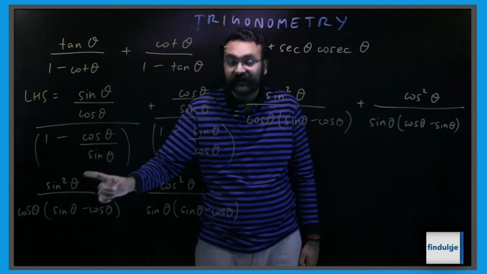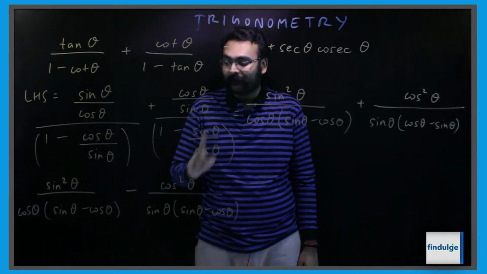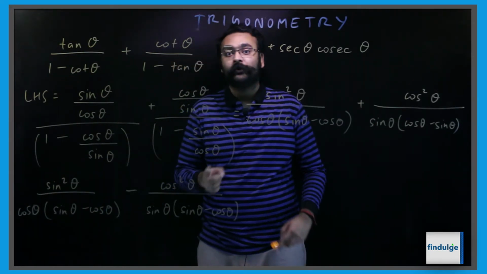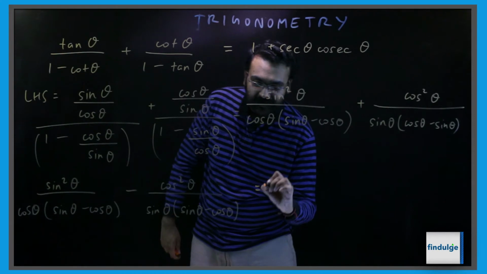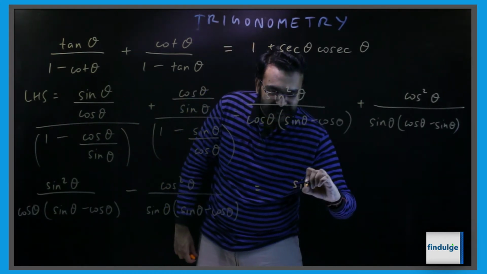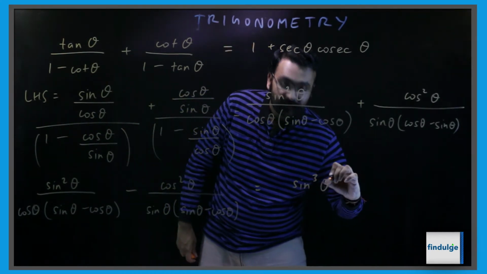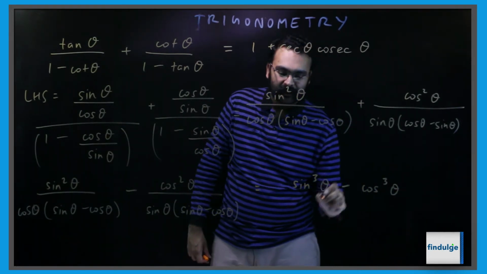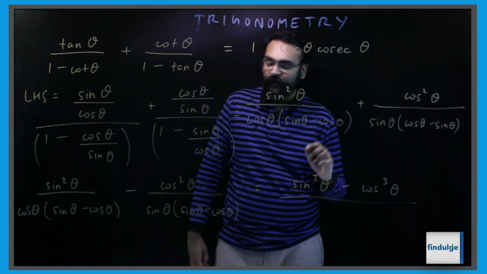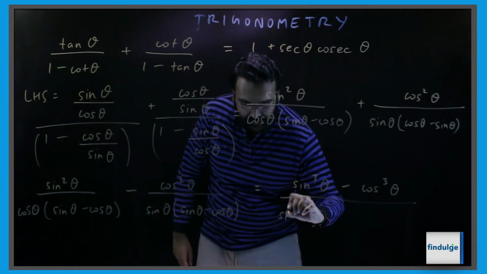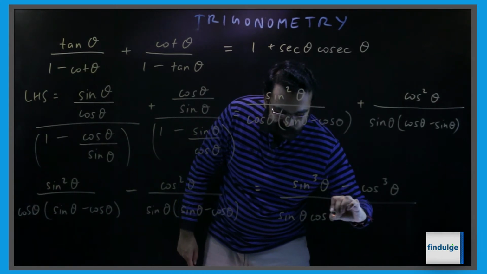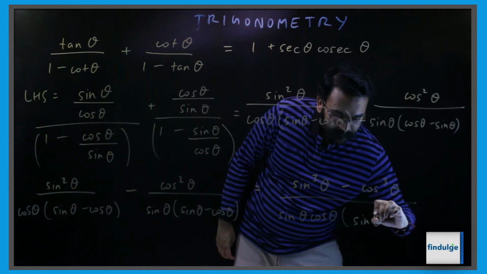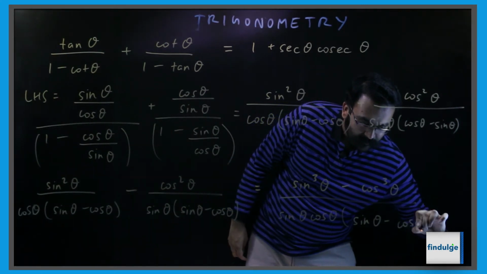Meaning my first fraction I only multiply with sine theta and my second fraction I multiply with cos theta, resulting in sine cube theta minus cos cube theta upon sine theta cos theta into sine theta minus cos theta.